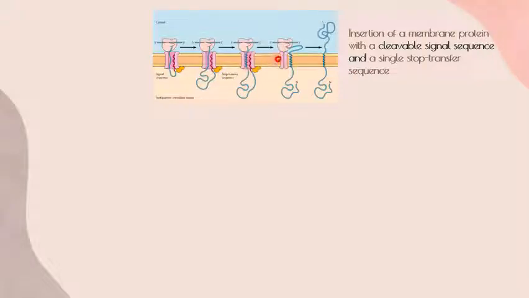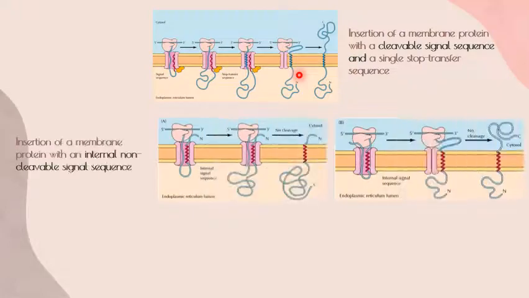So you can see this sequence will exit the channel laterally to anchor the protein in the ER membrane. Here you can see it has been integrated or anchored within the ER membrane. Continued translation results in a membrane-spanning protein with its carboxy terminus on the cytosolic side. So this is the procedure of this protein sorting.